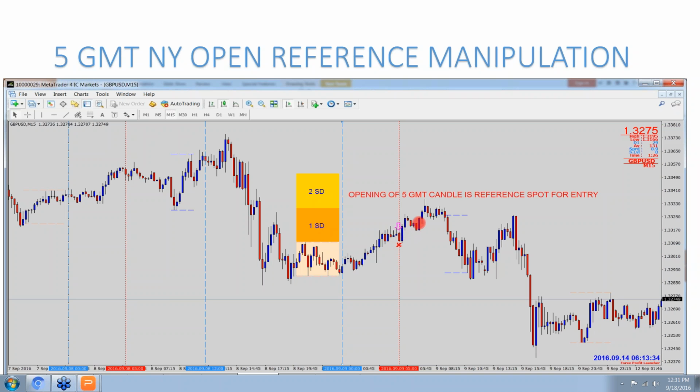And as you can see, price continues to go up into the London kill zone, the indicator that I've mentioned, and then 1.25 standard deviations, and then you see the drop, and then market structure comes back up, maybe grabs a little bit of liquidity here, then drops again.